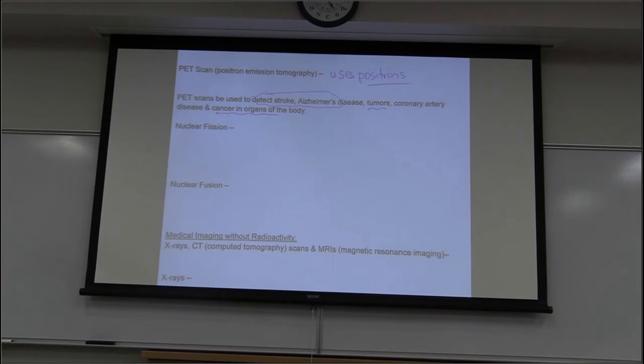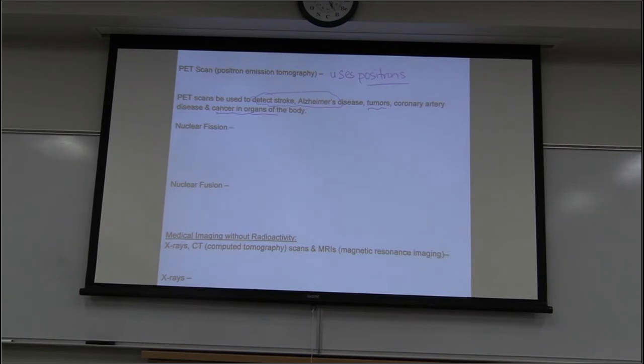And so your brain uses glucose. It prefers glucose. So what they do is they incorporate radioactive isotopes on glucose as a tag. And then, I don't know if you drink it or they inject it into you, I don't have a clue. But what immediately is going to start using that glucose?